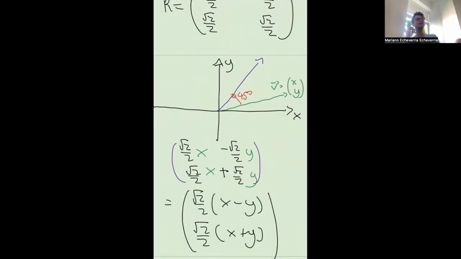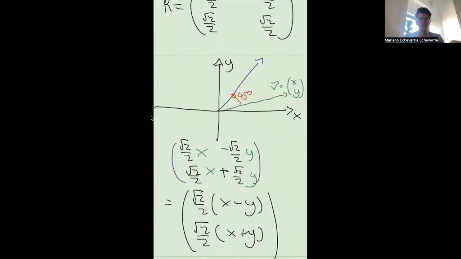So I can show you that then in animation. Just give me 1 second, sorry. So just to show you how this looks, let me go to GeoGebra.